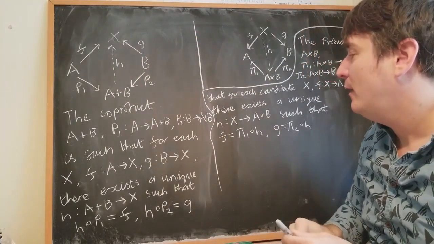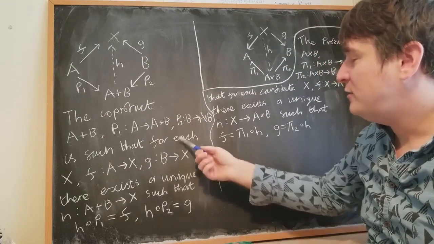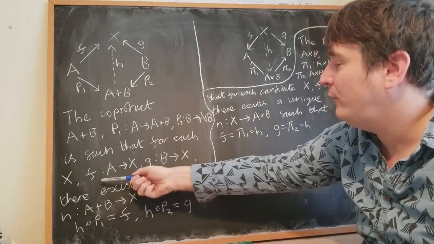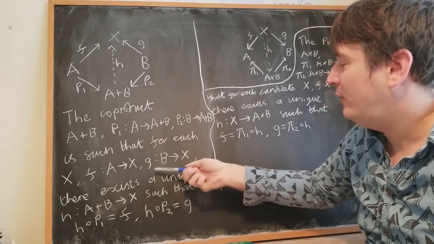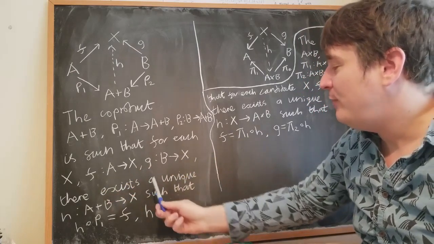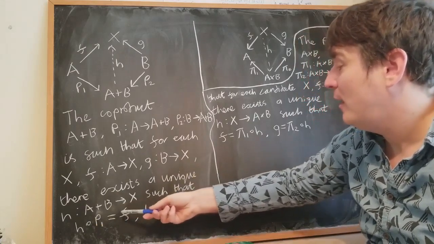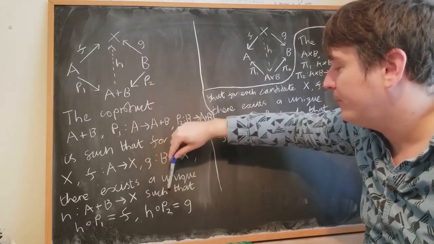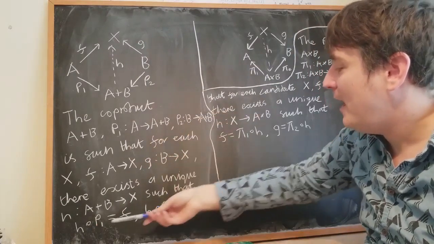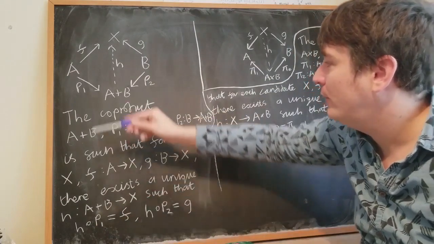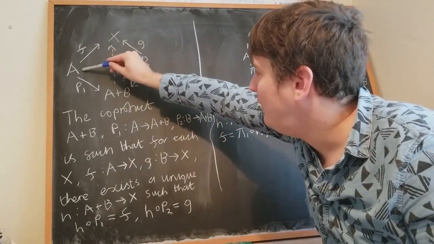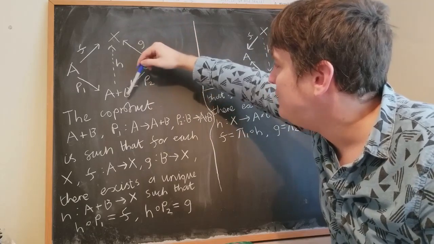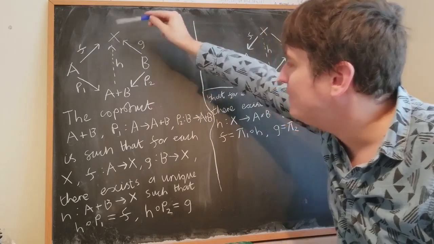So it's such that for any other candidate X with its arrows from A to X and B to X, there's a unique H from our actual coproduct into the candidate, such that H after P1 is equal to F, and H after P2 is equal to G.